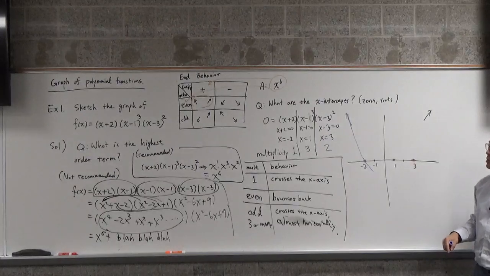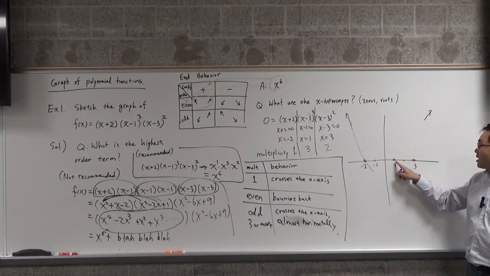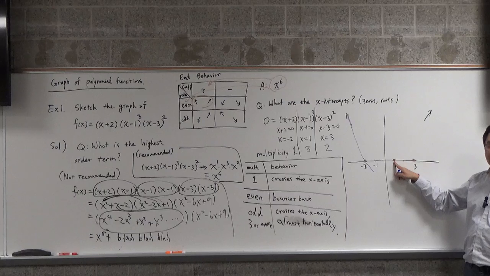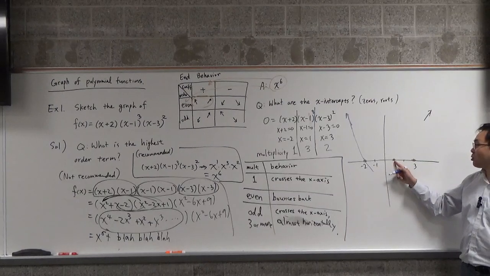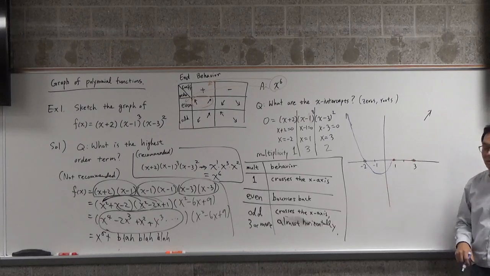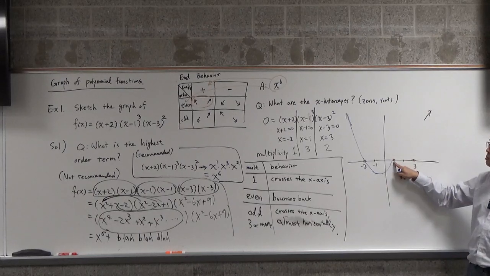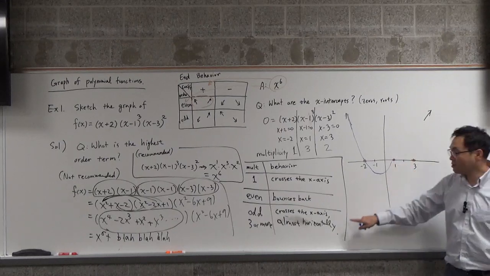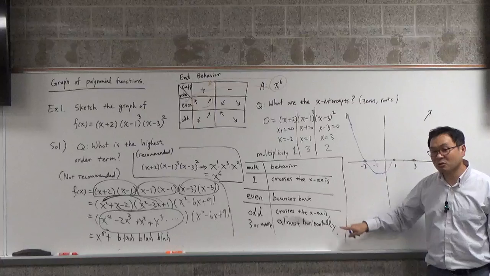All right, what's the next stop? It has to go to here. Now, since it's under, to go back to here, it has to turn back to go there, right? But what is the multiplicity at 1? It's 3. So it's an odd number with 3 or more.